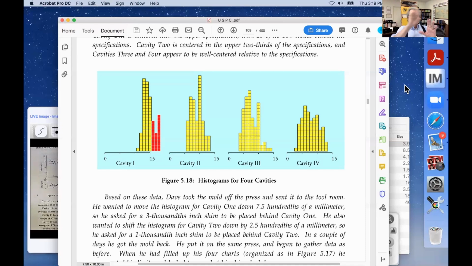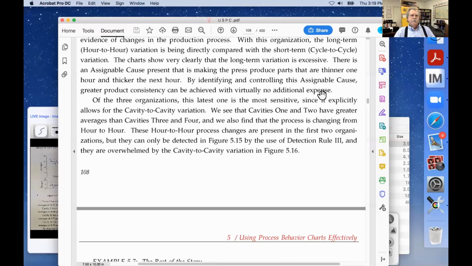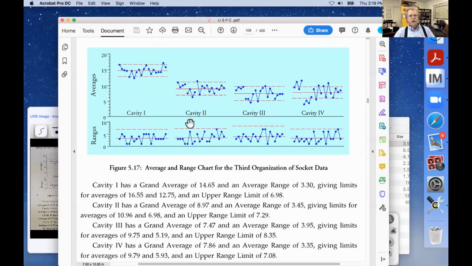A lot of the wax is on the face of the mold, and as the wax builds up, the parts get thicker. Then they rub it down and the parts get thinner, and then the wax builds up. So the day-to-day and hour-to-hour problem you see back here on page 104 and on page 108, that's the wax buildup problem that they hadn't figured out how to master.